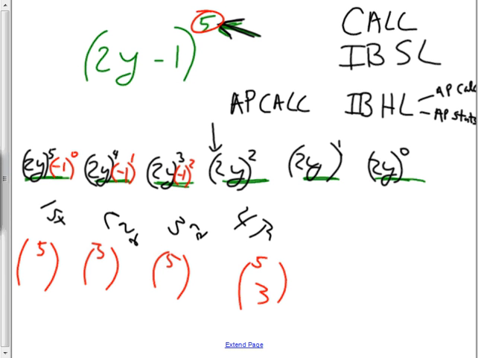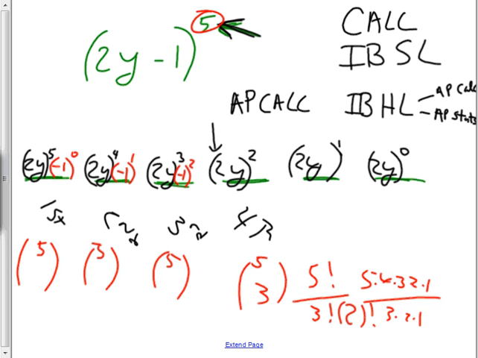Make sense? 5 choose 3 is found by 5 factorial over 3 factorial with a little more complicated one, which is what? 5 minus 3, which in this case is 2 factorial. That's like 5, 4, 3, 2, 1 over 3, 2, 1, and a 2, 1. And the 3, 2, 1 cancels 3, 2, 1, so it's 20 divided by 2, which is 10.